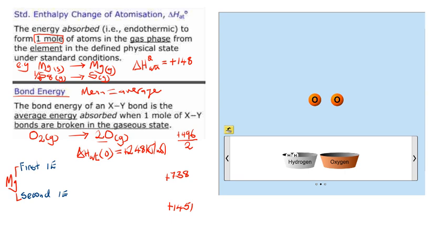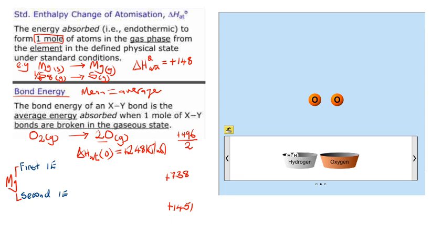Then another definition is first ionization energy. First ionization energy is the energy absorbed to remove 1 mole of electrons from 1 mole of gaseous atoms to form 1 mole of gaseous unipositive ions.